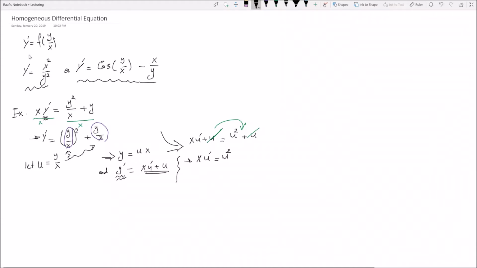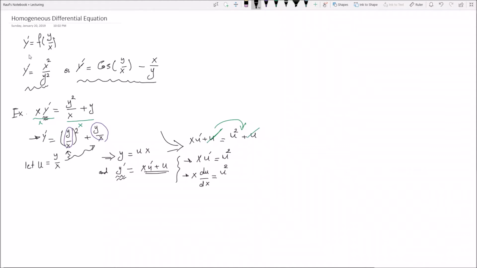Replacing u prime with du over dx, we have x du over dx equals u squared.